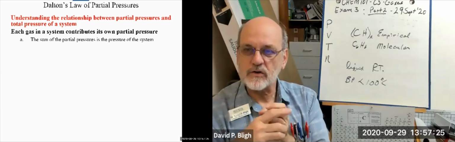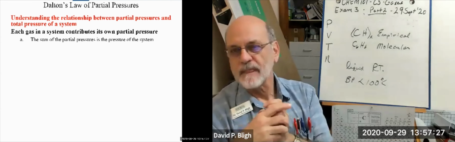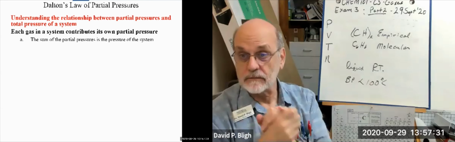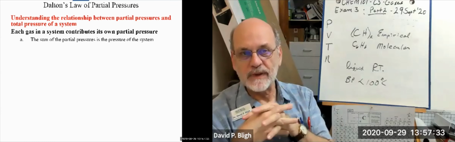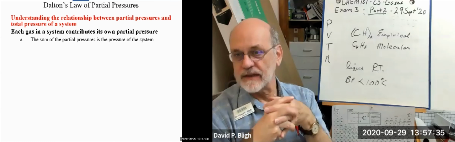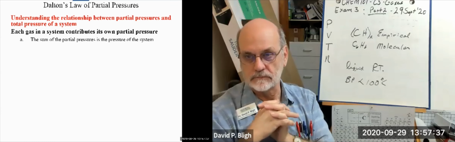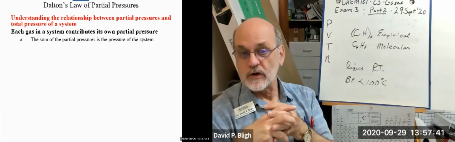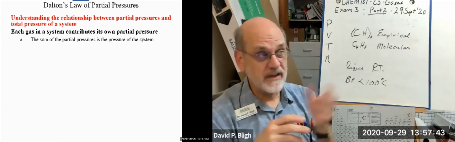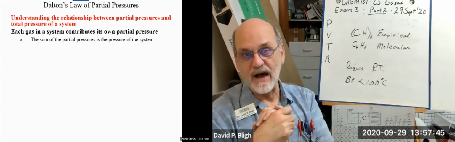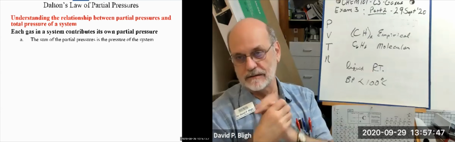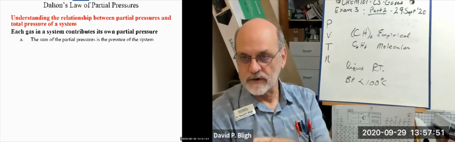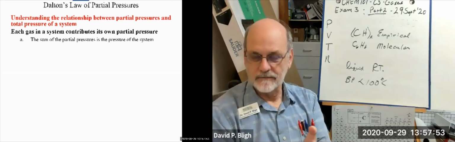So if you could measure the partial pressure of oxygen in the atmosphere, it would be about 2/10 of an atmosphere, 0.2 atmospheres. If you could measure the partial pressure of nitrogen in the atmosphere, it would be about 0.8 atmospheres. 0.8 plus 0.2 is 1.